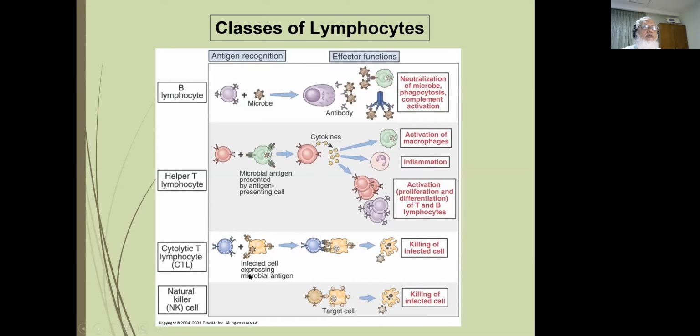When they come in contact with the infected cell expressing microbial antigen, they kill the infected cell. That's why they are known as cytotoxic T lymphocytes. Along with the antigen, they kill the cell also. Natural killer cells, when they come in contact with the target cell, also kill the infected cell in their own way.